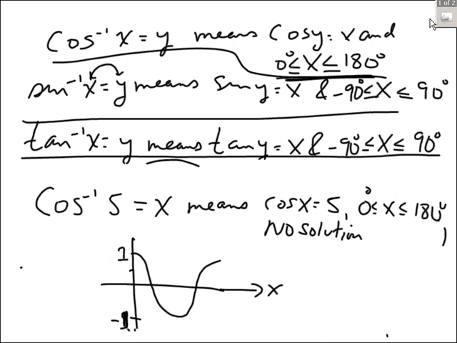If this mark is a half, the cosine is sometimes a half. For example, the cosine is a half for that x value and for that x value. But it's never 5. And 5's up here, and I don't hit the graph. So sometimes you don't get an answer.